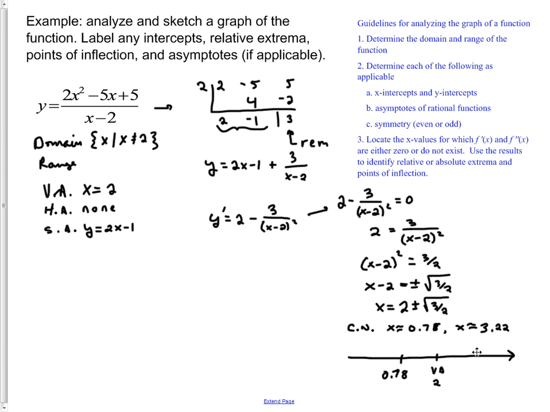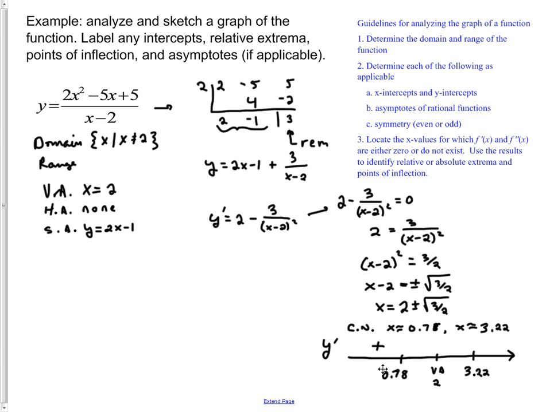And then, of course, at 3.22, which is the square root of 1.5 to the right of 2, we would want to find out what happens to y prime. What we could do is just choose numbers, like, let's say, 0. What happens at 0? Well, we get 2 minus 3 over 0 minus 2 squared. Well, that's 3/4. 2 minus 3/4, that's a positive number. This is increasing.